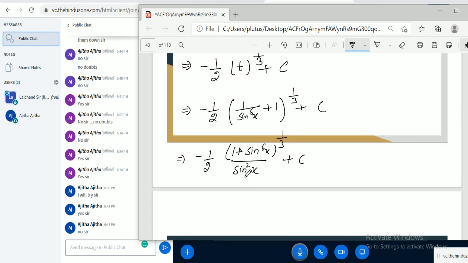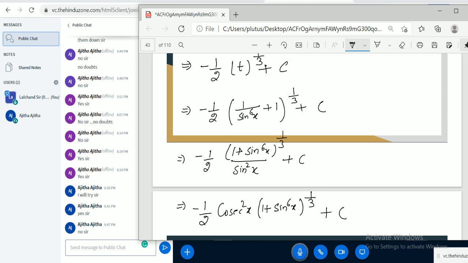Okay. So if we change this expression, then the final expression will be minus 1 by 2 cosec square x, this term, into (1 plus sin to the power 6x) to the power 1 by 3 plus c.